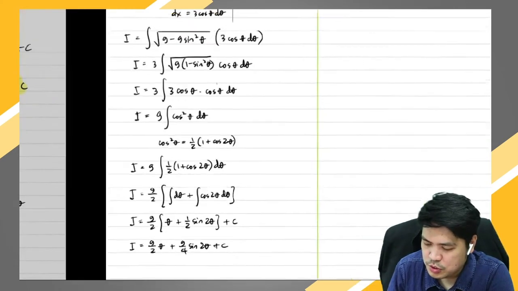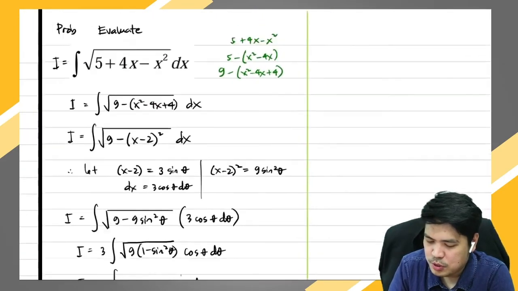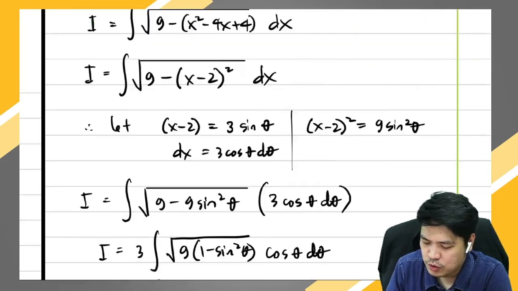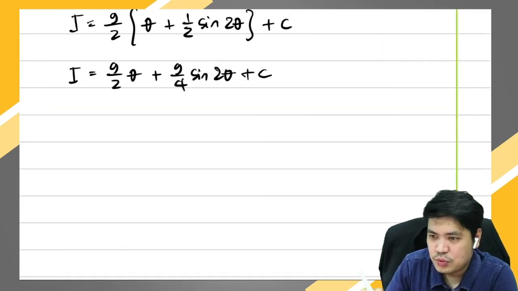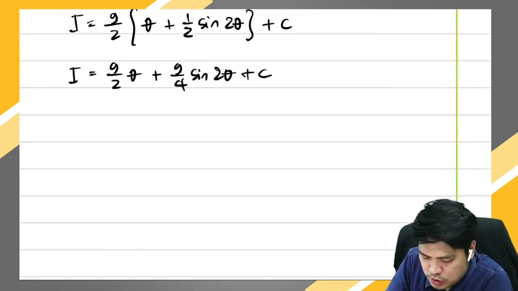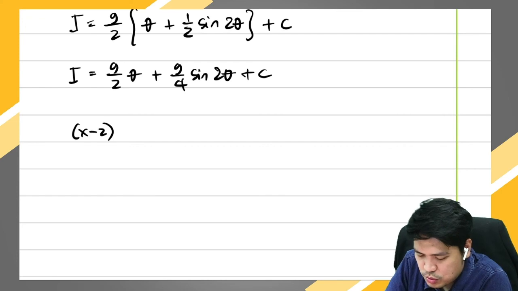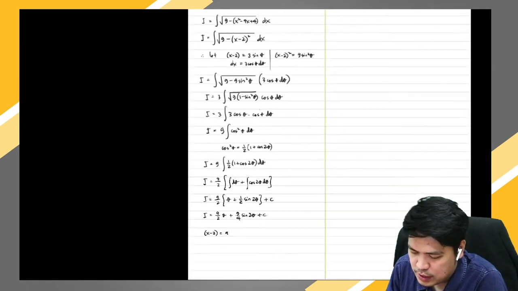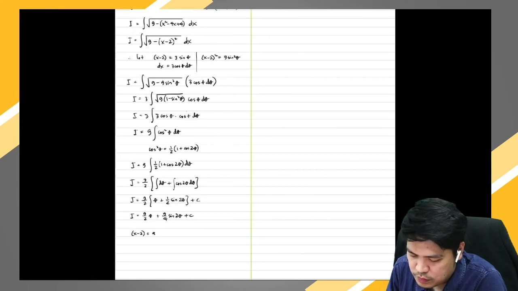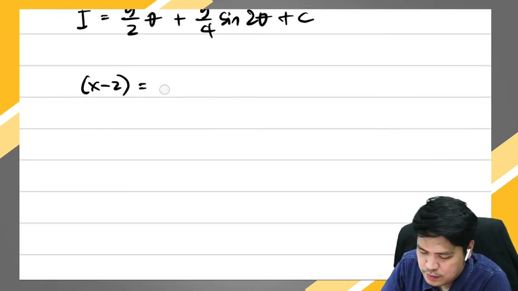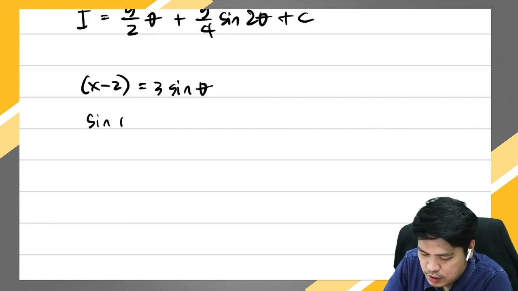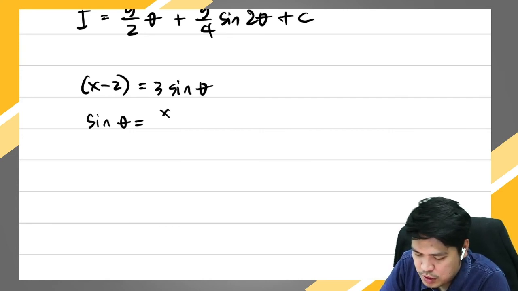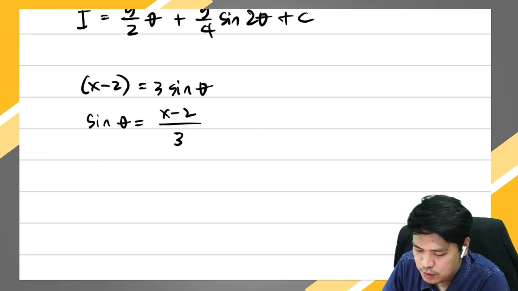If we now substitute it back to its algebraic form, ito yung substitution natin kanina. Our angle is only theta because what we substituted was x minus 2 equal to 3 sine theta. Tama ba? Okay? Sine theta is equal to opposite over hypotenuse.